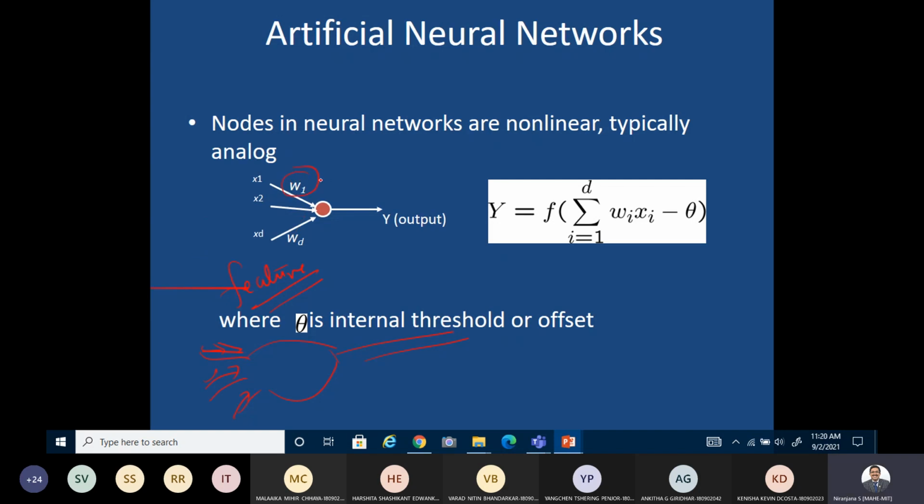So when it comes here, it is x1, w1 that reaches the processing node. When the node receives other signals also, maybe x2, w2, maybe x3, w3, and so on. Like how dendrites help you to receive multiple signals in a biological neuron.